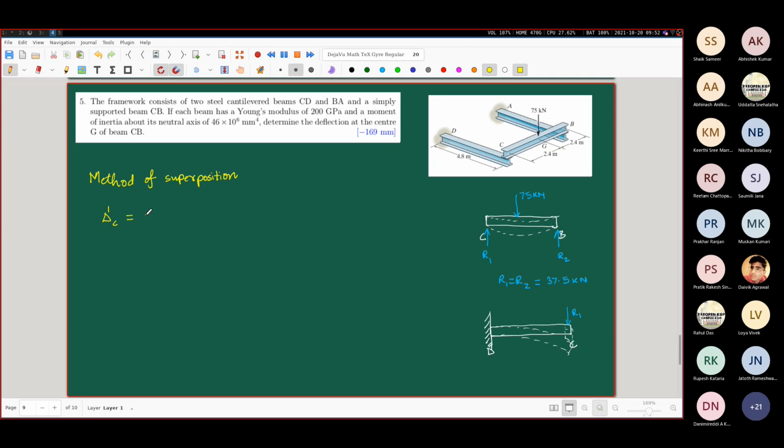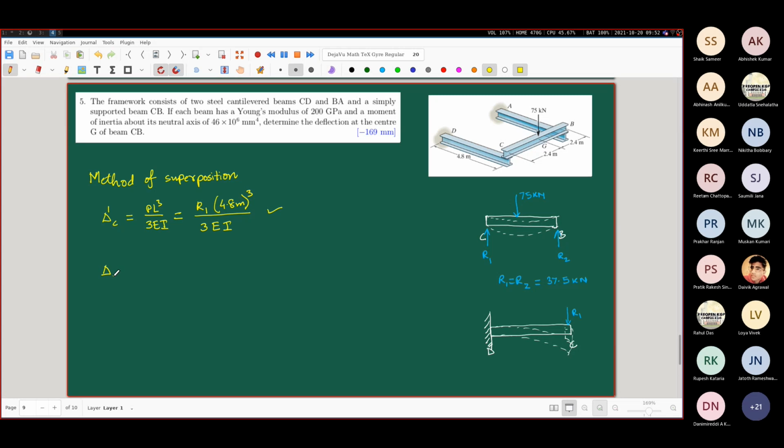Okay, so this is going to be PL cube by 3EI, equal to R1 into L. L is 4.8 meters. EI. E value is given to us, I value is given to us. So we know this. What about the other one?